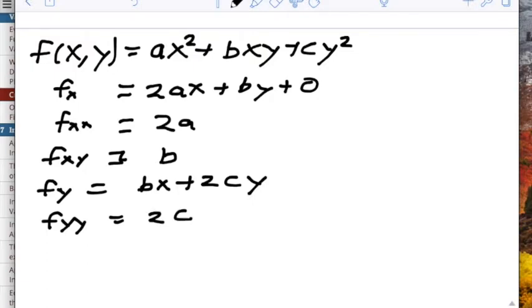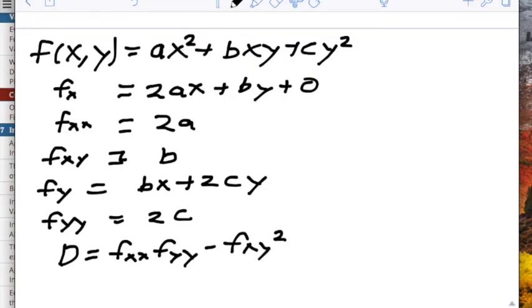We're going to use something called a discriminant. D equals fxx times fyy minus fxy squared, and look at whether that's positive or negative.